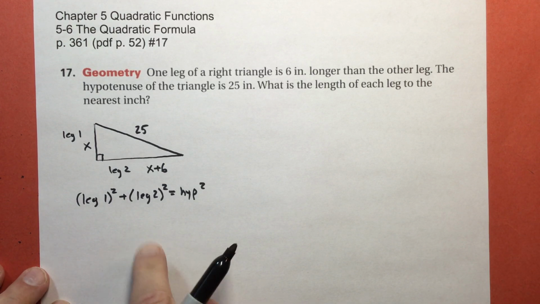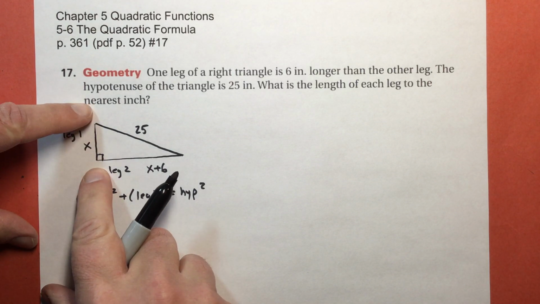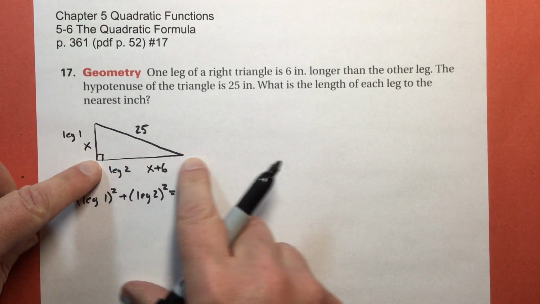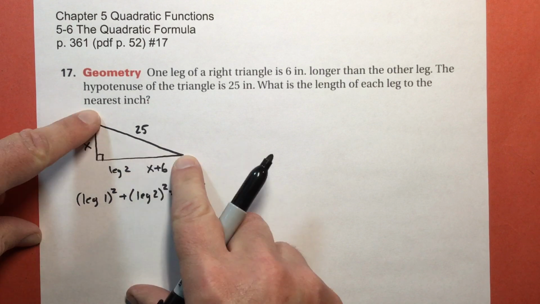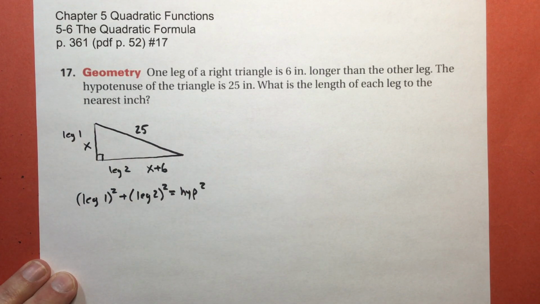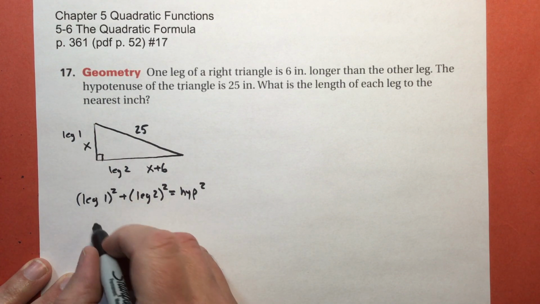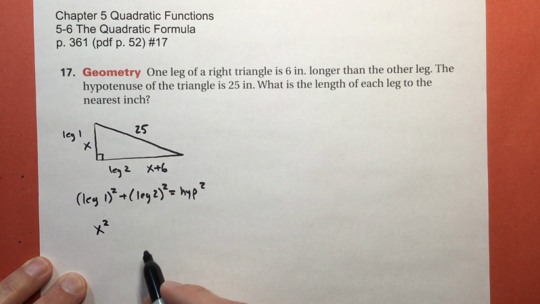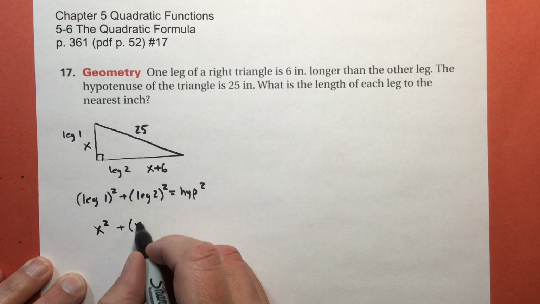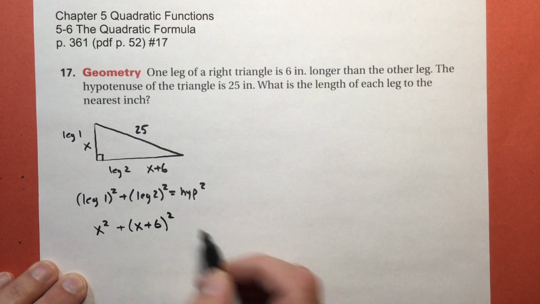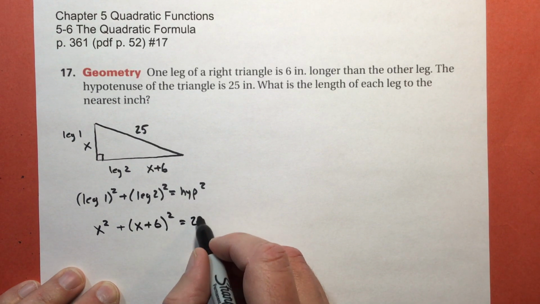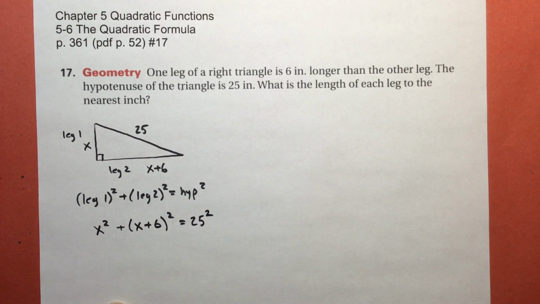But check this out. I remember that the length of one leg squared plus the length of the other leg squared is going to equal the hypotenuse squared. My first leg is x, so I get x squared. My second leg is x plus 6, so I get x plus 6 squared. And my hypotenuse is 25, so I get 25 squared. All right, don't panic.